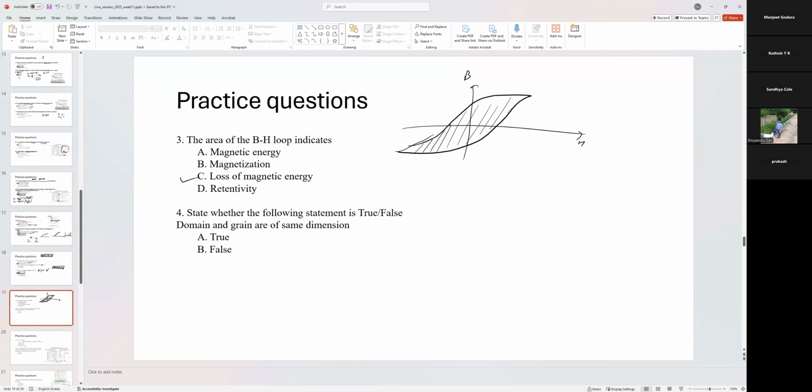That is the magnetic loss. Magnetization is how much magnetic field is induced. It's the loss of magnetic energy. So if you remember the transformer example, you want this area to be as small as possible.